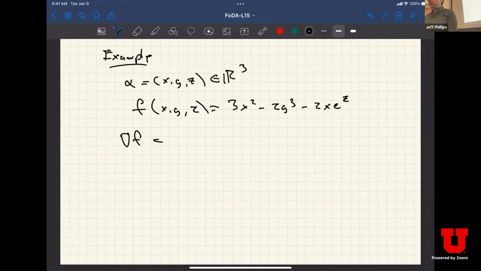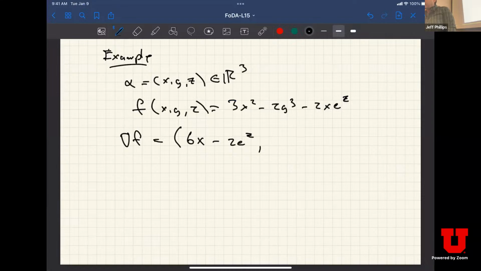Okay, I need to take the partial derivative first with respect to x. The partial derivative with respect to x, I'm going to get 6x from the first term. And this last term has a component 2e to the z, right? So that's the partial derivative with respect to x. The partial derivative with respect to y is only from the second term.